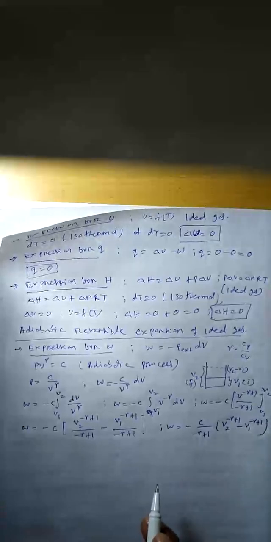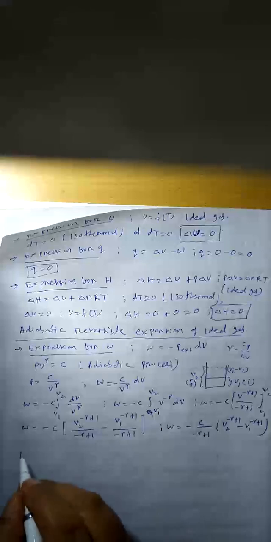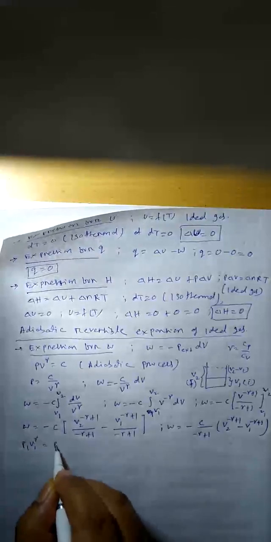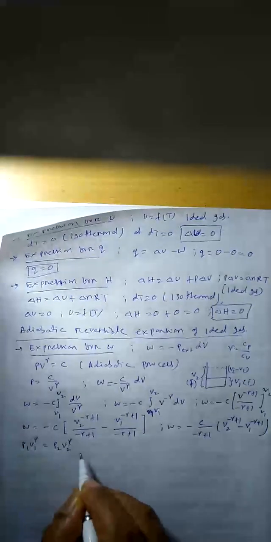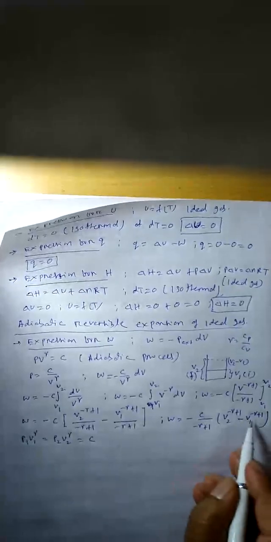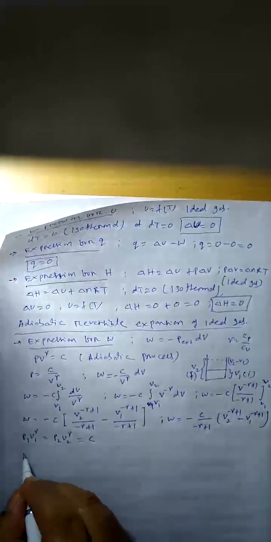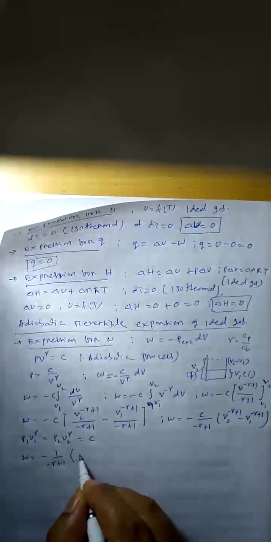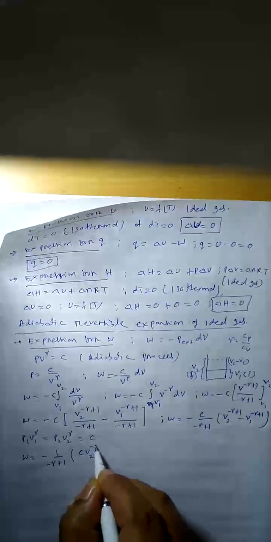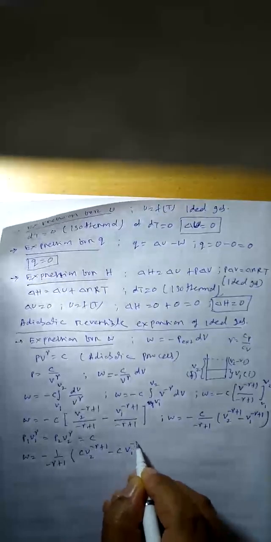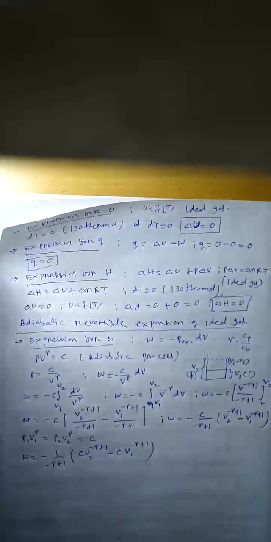Then we know that you can convert this, that means we know that P1 V1 to the power gamma, P2 V2 to the power gamma is equal to C. Now you multiply C in every case, then your W is equal to minus 1 by gamma plus 1, minus gamma plus 1, take common, you get C V2 to the power minus gamma plus 1, then minus C V1 to the power minus gamma plus 1, no problem.